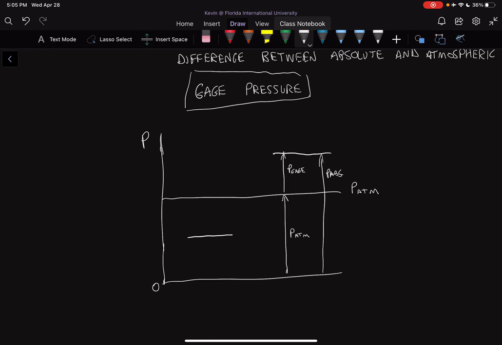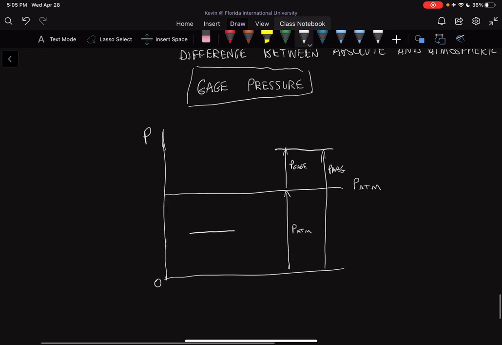Now, this is a little bit of an engineering difficulty because different engineers had different ways of doing things and they decided that the standard was this: if the pressure is above atmospheric pressure, they call it pressure gauge. If the pressure is below atmospheric pressure, they call it P vacuum.